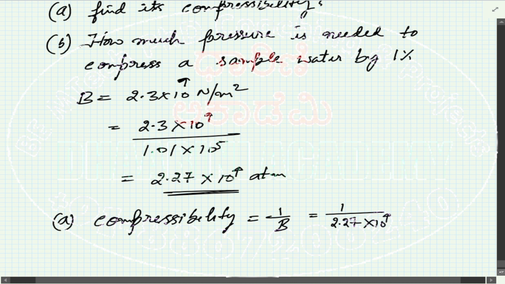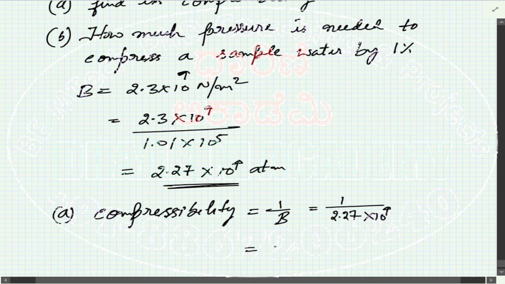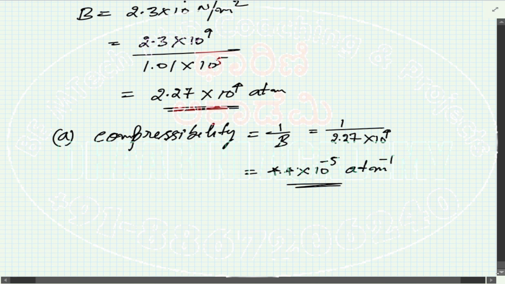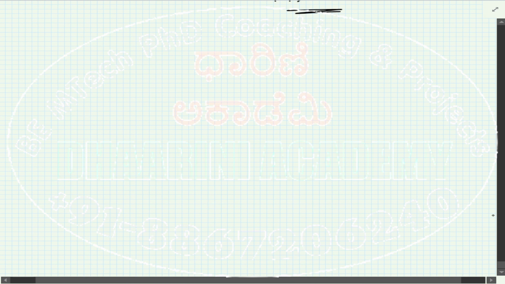So this becomes equal to 4.4 into 10 to the minus 5. It's per atmosphere. Okay, so that's the way of writing this.